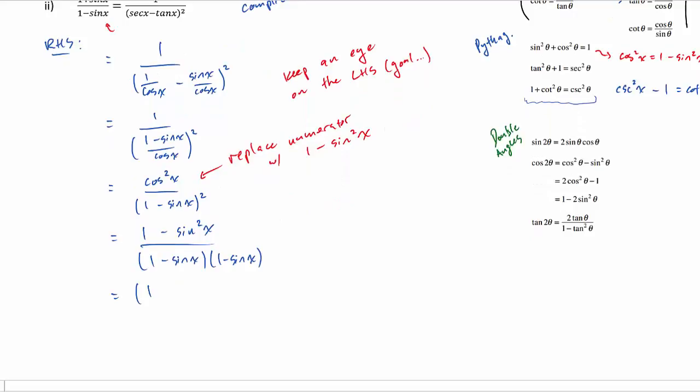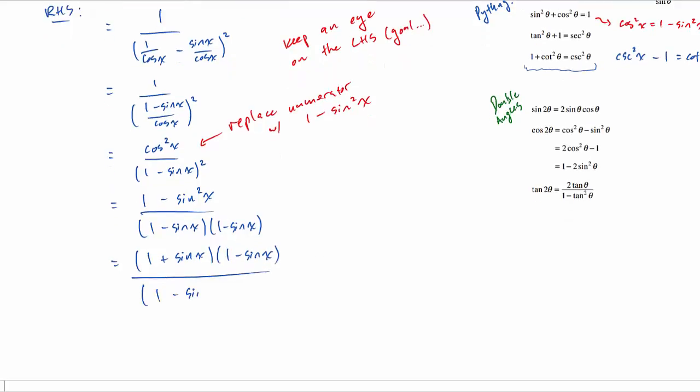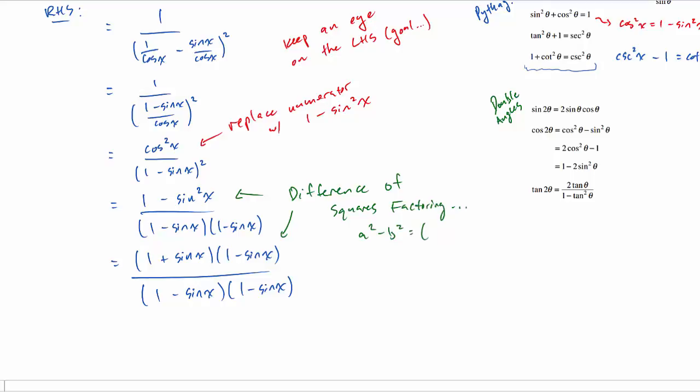So this is starting to look a little bit more like what's on the left-hand side. On the bottom there, I have just expanded it out, 1 minus sine, 1 minus sine. And on the top, I've used a difference of squares. Recall the type of factoring when you have 1 minus sine squared, it's like a squared minus b squared. It gives you a plus b, a minus b.